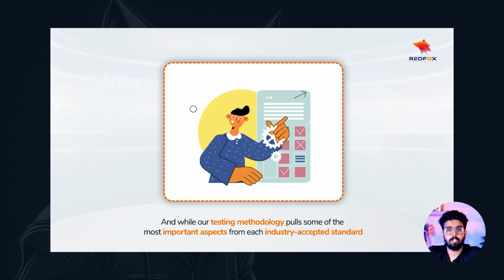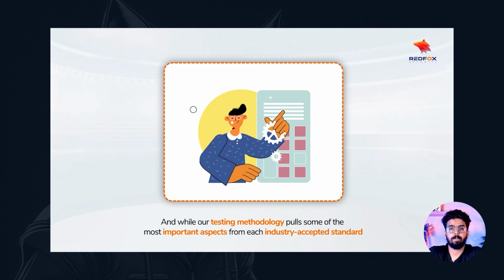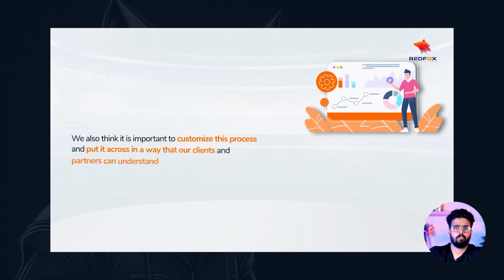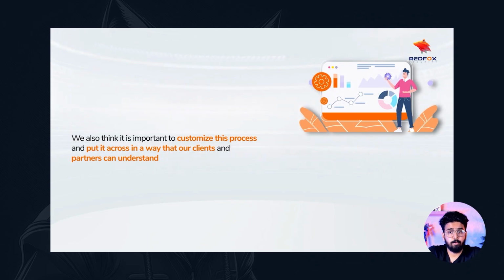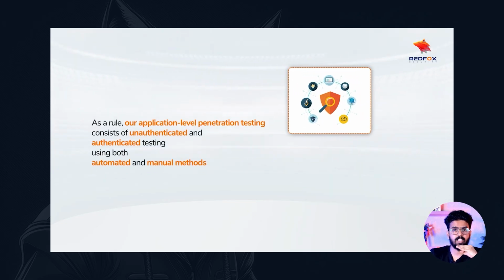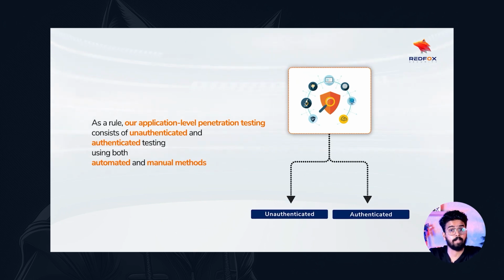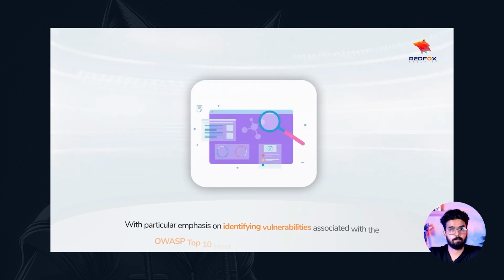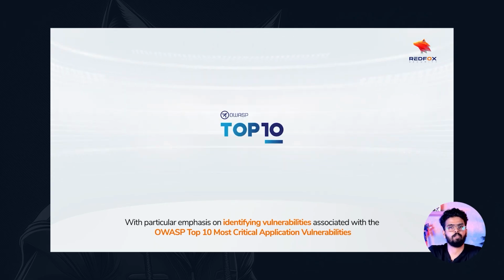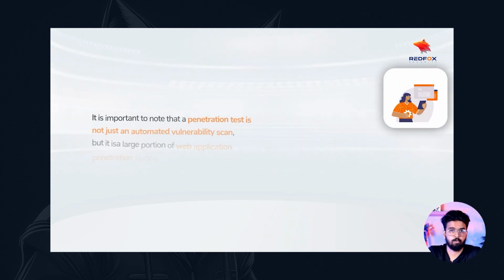And while our testing methodology pulls some of the most important aspects from each industry accepted standard, we also think it is important to customize the process and put it across in a way that our clients and partners can understand. As a rule, our application level penetration testing consists of unauthenticated and authenticated testing using both automated and manual methods, with particular emphasis on identifying vulnerabilities associated with the OWASP top 10 critical application vulnerabilities.